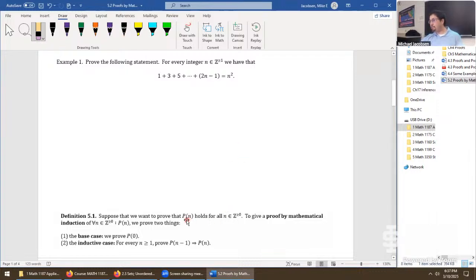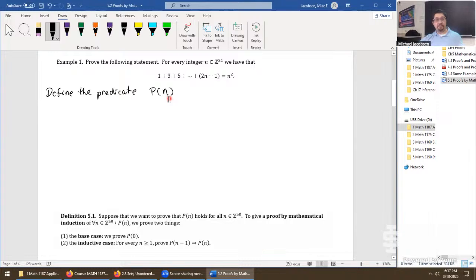But we have a statement, P of n. That means there's a predicate function behind all of this. It's not a bad idea to start with the actual predicate function. So it says for every integer n, we have a statement. So we can now say, define the predicate P of n.